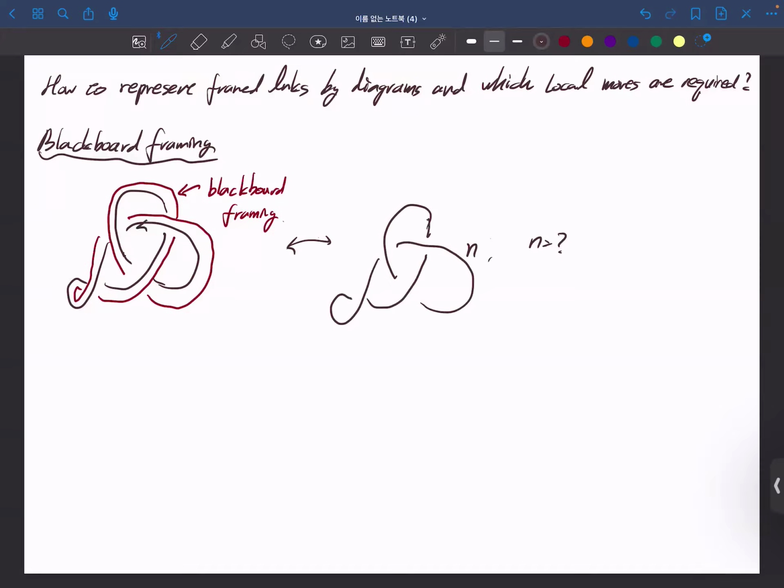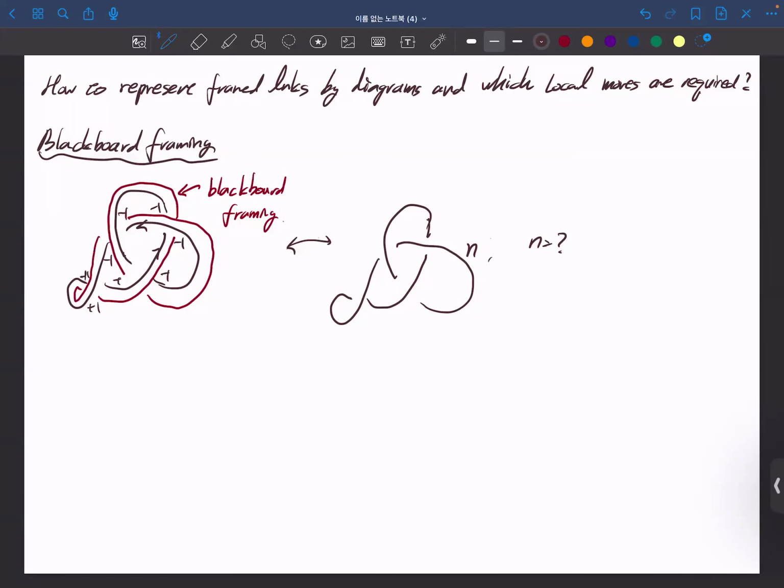Let's say the knot is oriented like this. Then, to save time, we have 1, 2, 3, 4, 5, 6, 7, 8 crossings. And their signs are -1, -1, -1, -1, -1, -1, +1, +1.